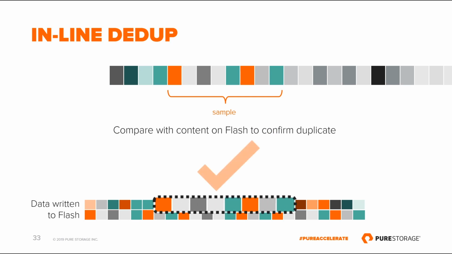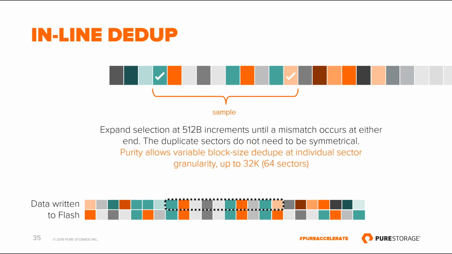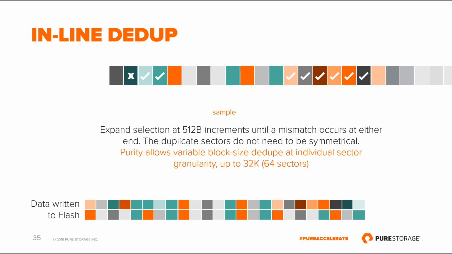So this is another step after we get that first hit. The next thing we do is compare that data to ensure that it's 100% a match. So there's no mistake at all, right? We take a bit for bit comparison and truly confirm that that data does exist. And once we do that, we do something else that's pretty cool, which is that we now check the adjacent sectors as well. So we'll expand to the adjacent sectors to see if there are any additional matches.